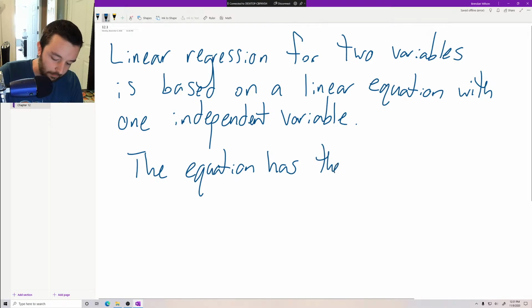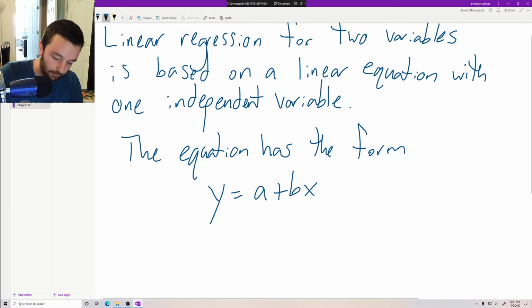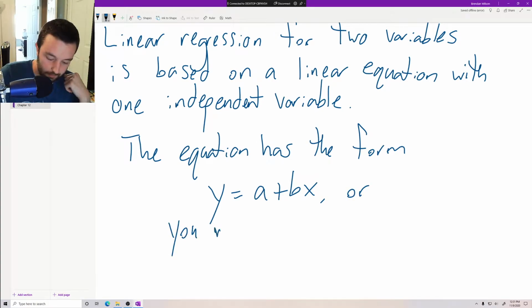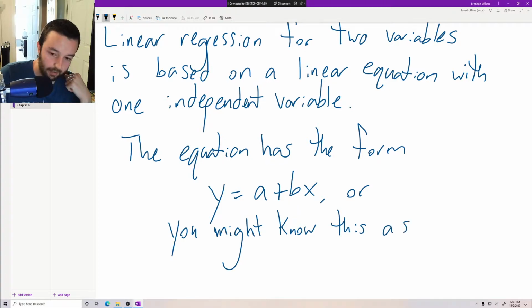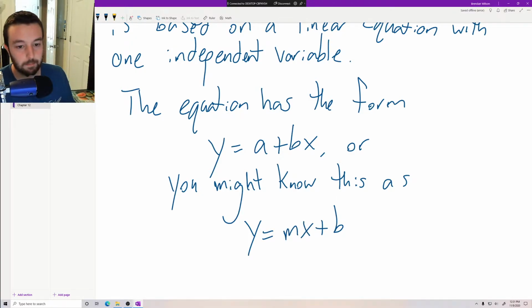has the form y equals a plus bx. Okay. Or you might know this as y equals mx plus b. Okay. So the letters we're choosing, the a or the b or the m and the b, are pretty arbitrary.